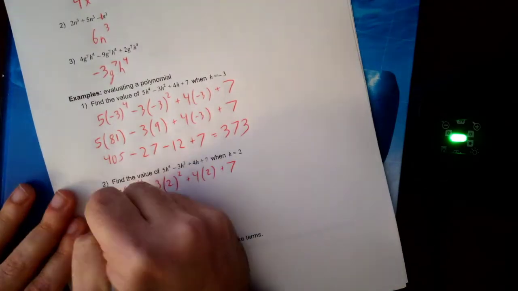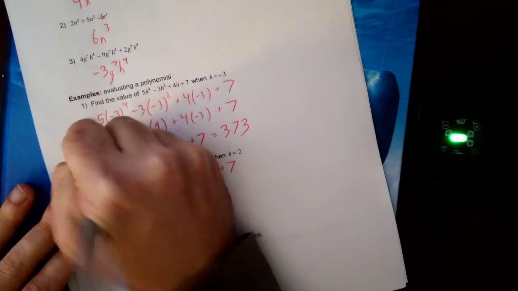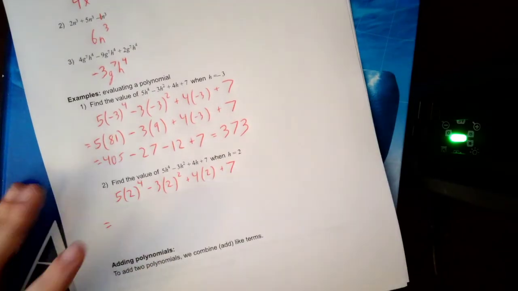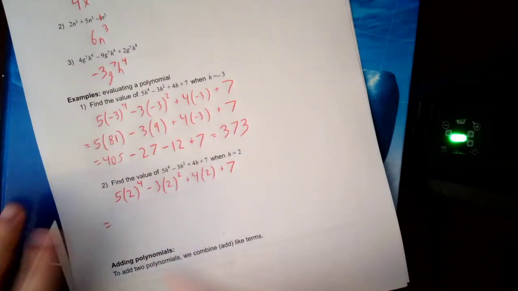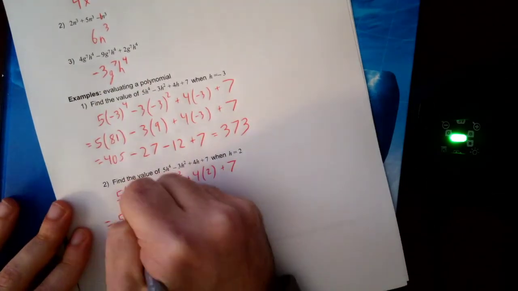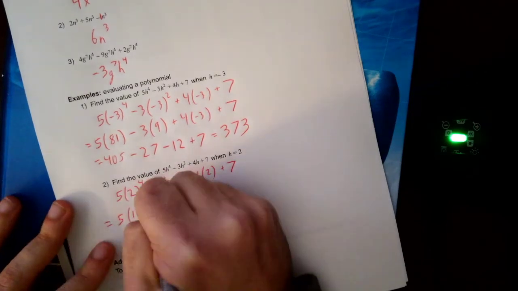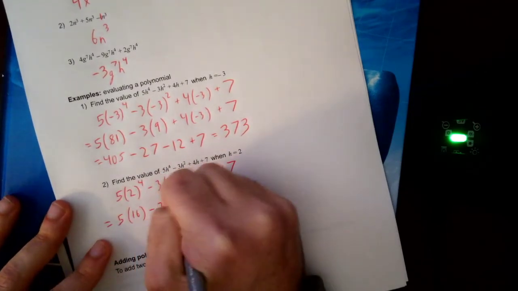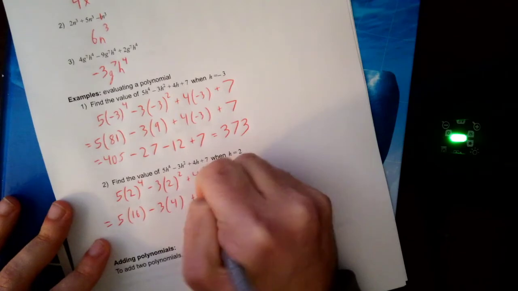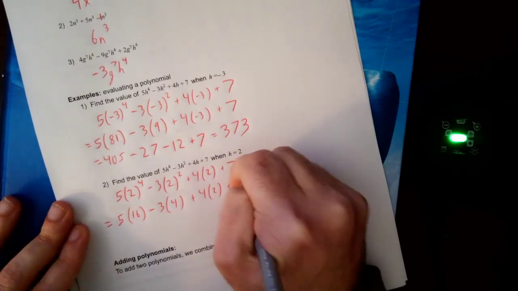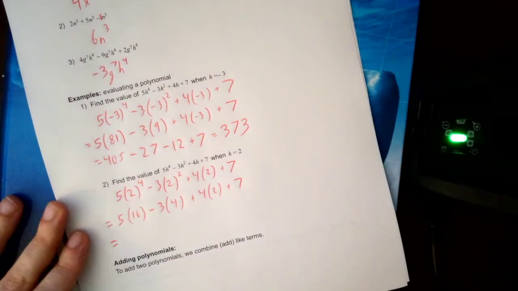Once again, we do the exponents first, right? 2 to the 4th is 2 times 2 times 2 times 2, right? That equates to be 16, minus 2 squared is 4, plus 4 times 2 plus 7. Next, we move on to the multiplications.